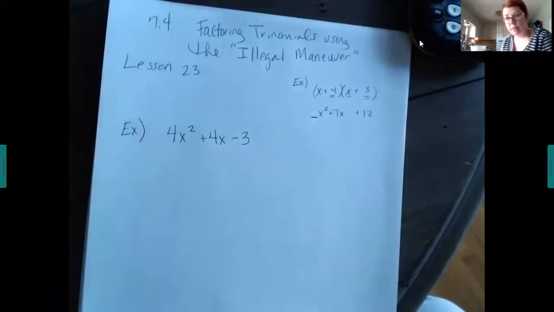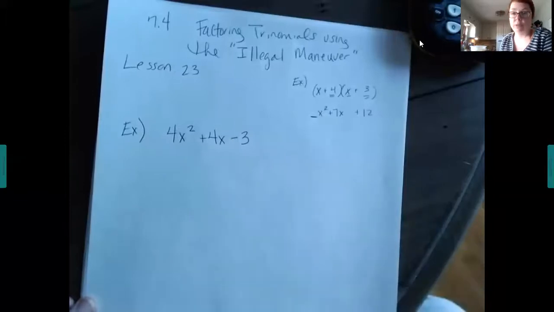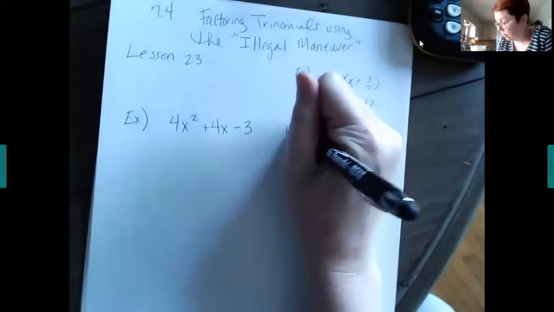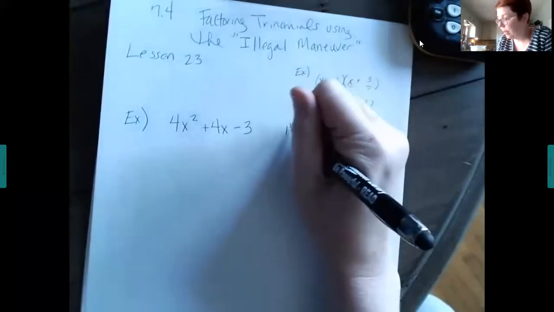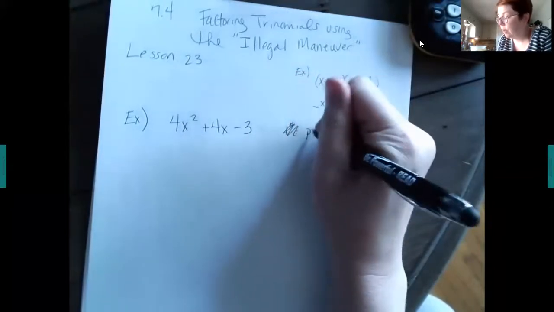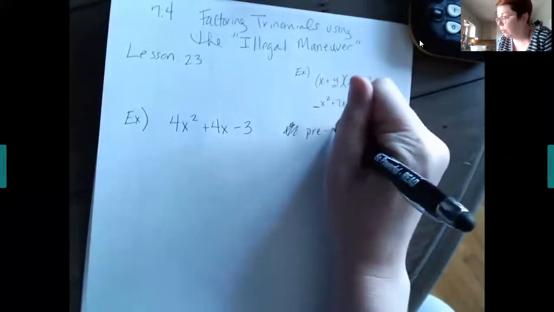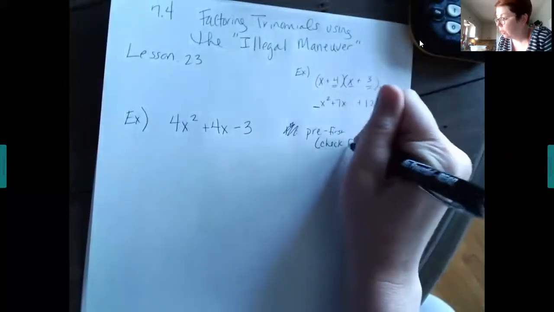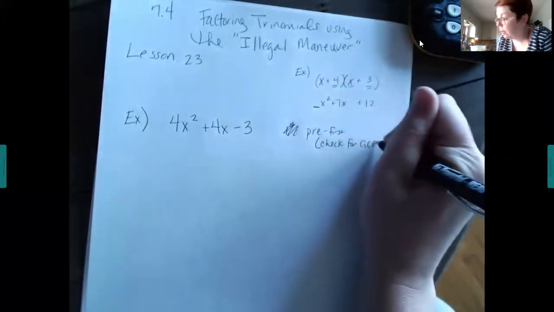So there's 5 steps to this, what I call, or what was taught to me as the illegal maneuver. Well, I won't say the first. This is pre-stuff, pre-first. I'm going to check for a greatest common factor.